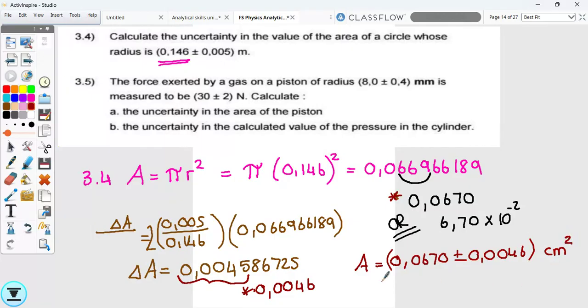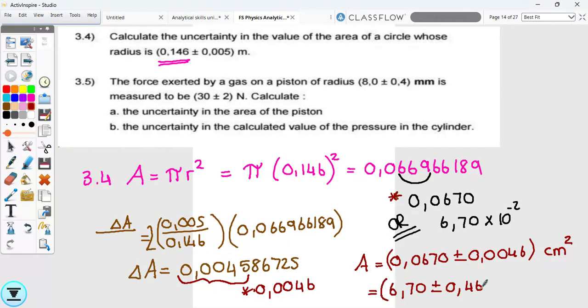I still think a less clumsy way of doing it would be to say that this is going to be 6,70, and then you're just going to do the same power of 10. The uncertainty and its value has to be to the same power of 10. So this will be plus or minus 0,46. And you can see much fewer zeros. So the answer already looks better.